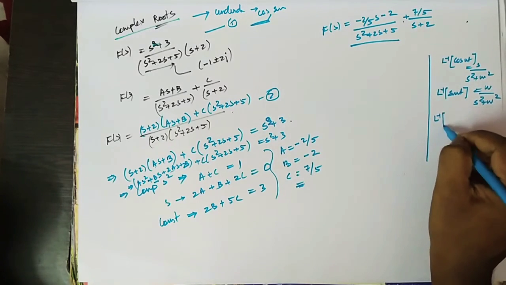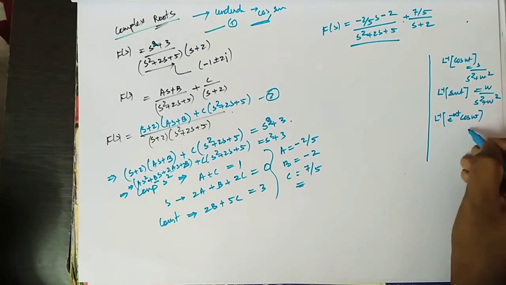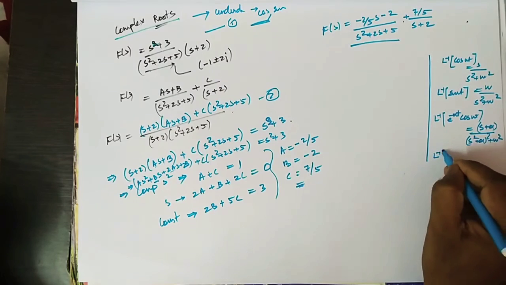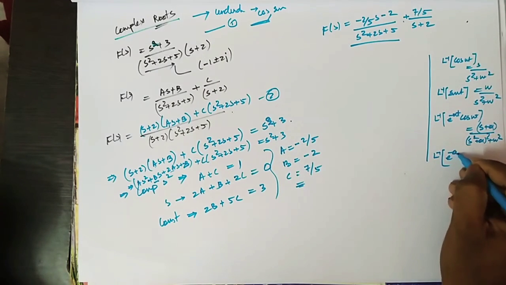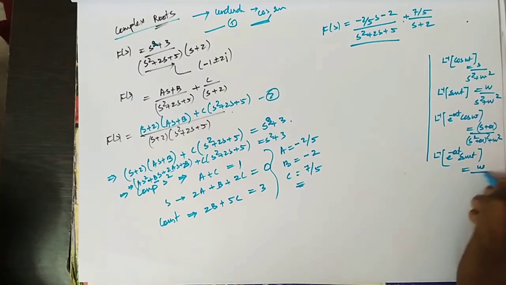And again inverse Laplace of e power minus at cos omega t equal to (s plus a) by ((s plus a) whole squared plus omega squared). And again inverse Laplace of e power minus at sin omega t is omega by ((s plus a) whole squared plus omega squared).